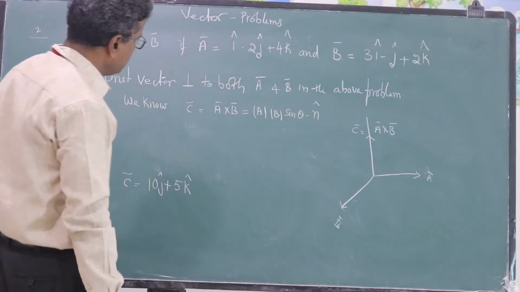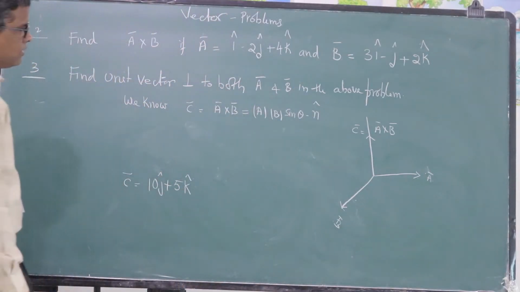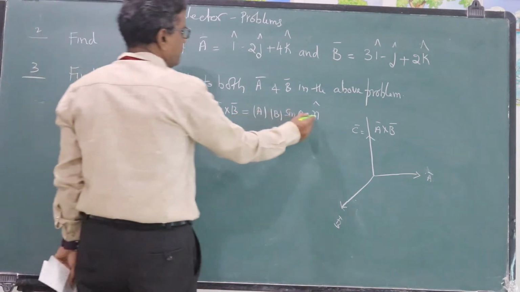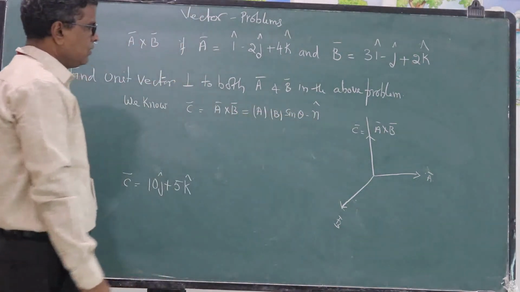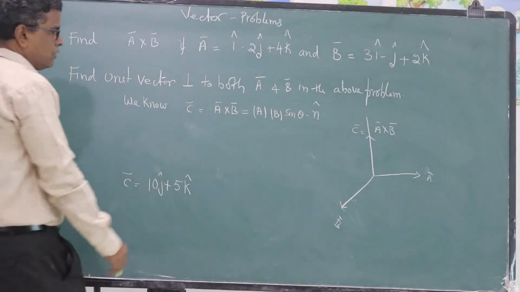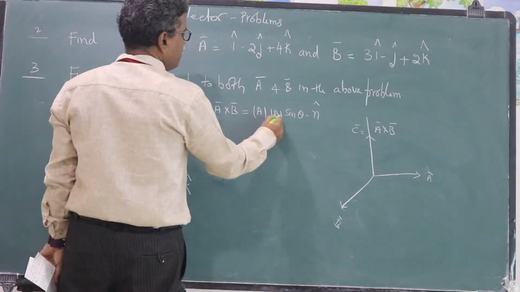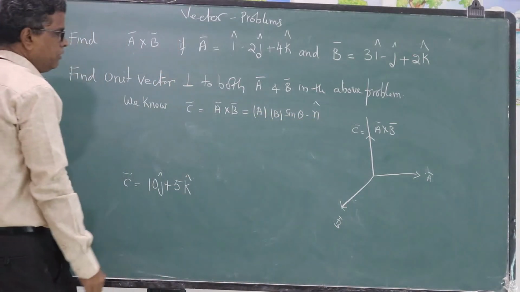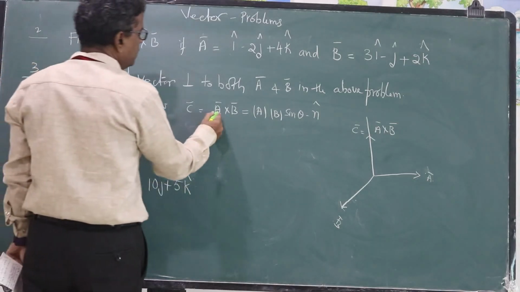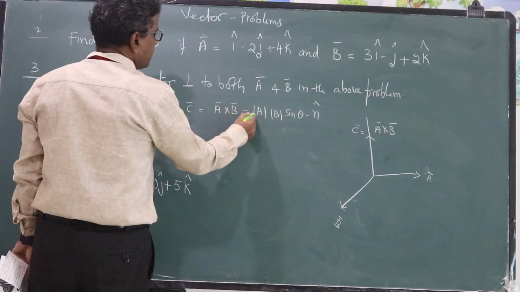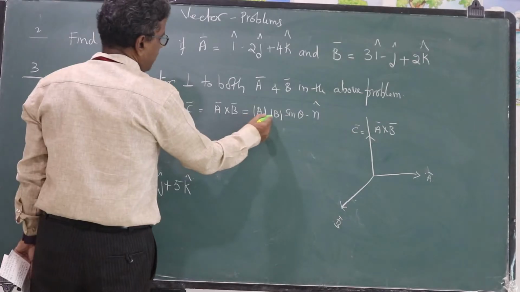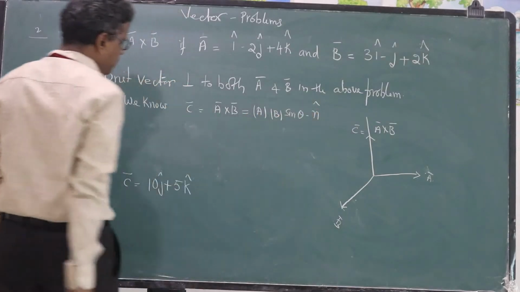Okay. A bar cross B bar, we want n cap. So this is the magnitude AB sin theta into n cap.